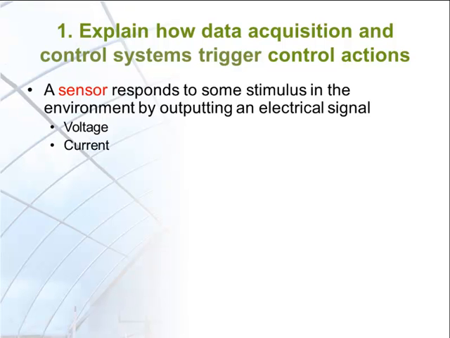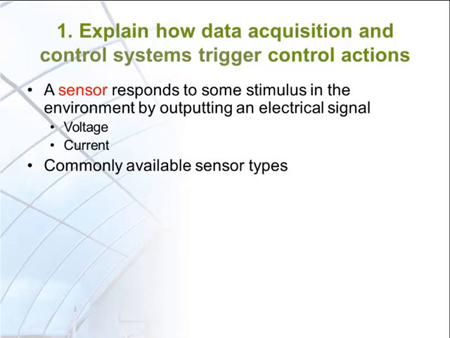Thus, the voltage signal received by the controller can be significantly different from the voltage signal produced by the sensors. Therefore, current output should be used when sensors and controllers are far apart.